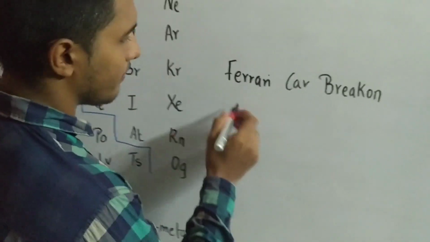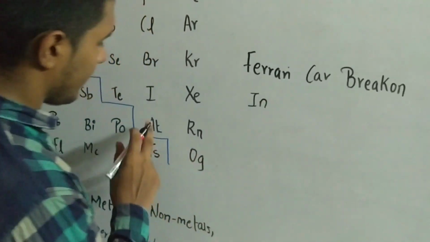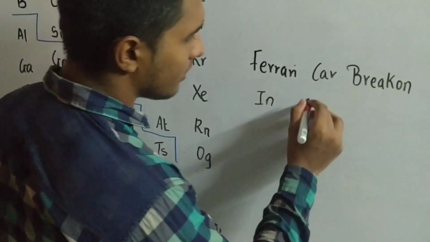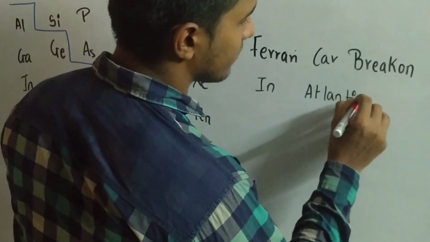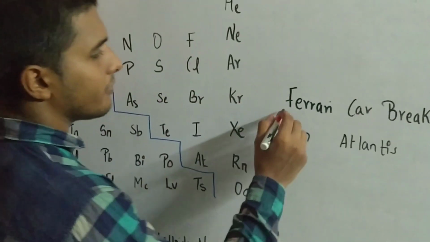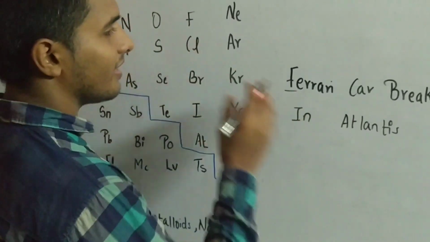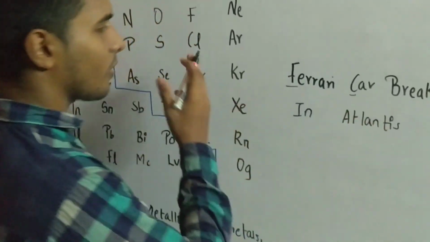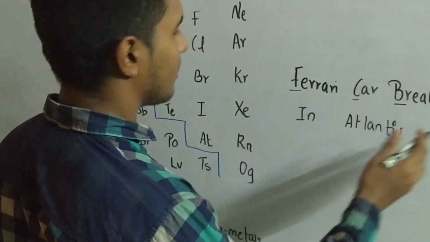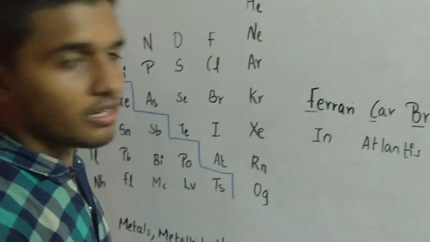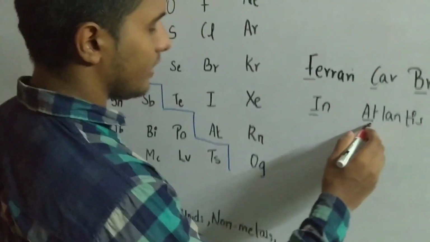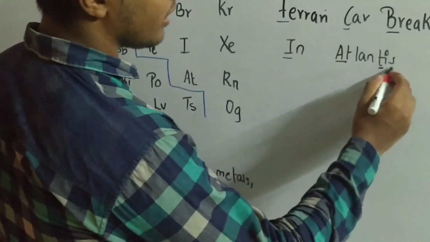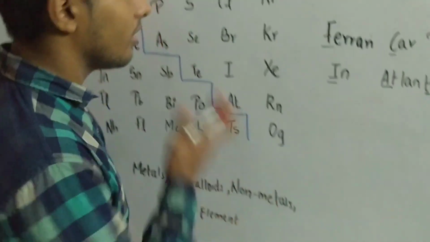Next is I, so I made it as N. AT and TS I combined, Atlantis. So F for Ferrari means fluorine, Cl for chlorine, Br breakdown contains bromine. Next I contains iodine, At for astatine, and Ts contains tennessine.